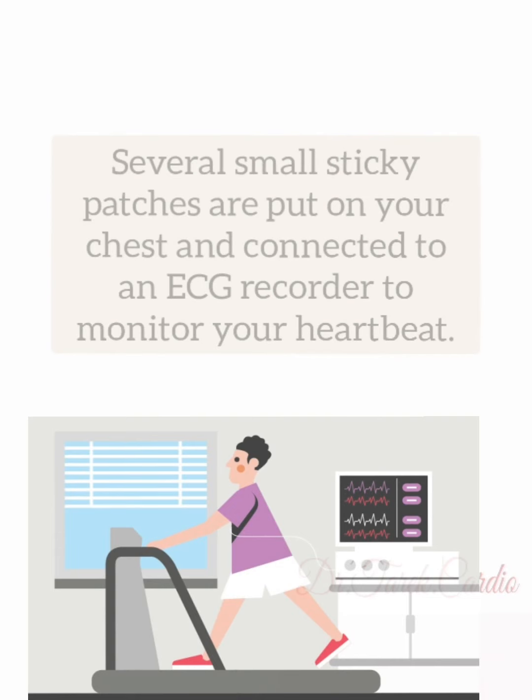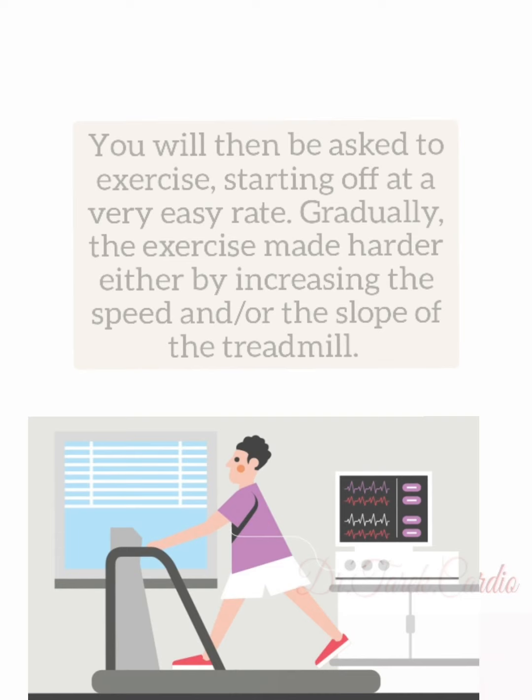Several small sticky patches are put on your chest and connected to an ECG recorder to monitor your heartbeat. You will then be asked to exercise, starting off at a very easy rate. Gradually, the exercise is made harder, either by increasing the speed and/or the slope of the treadmill.